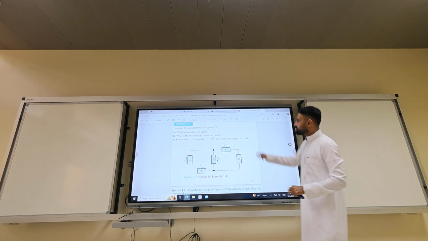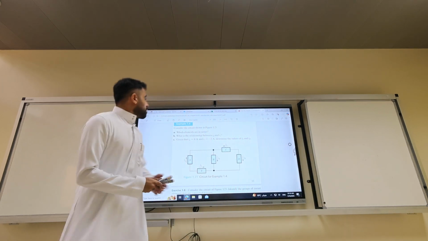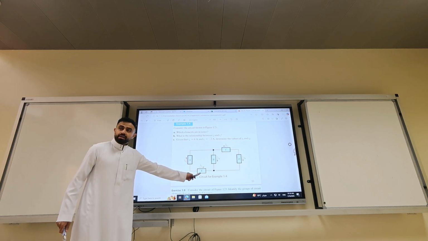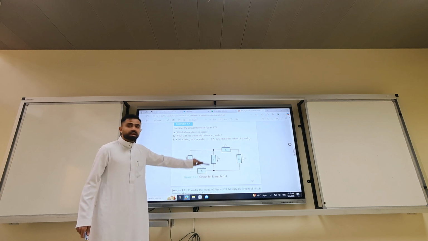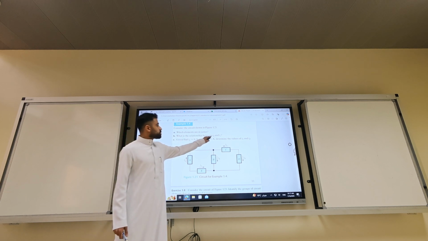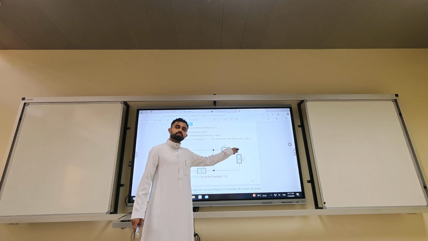Now let's try to solve this textbook problem. Which elements are in series? We have A and E in series. We have C and D in series. B doesn't have any series element. Okay? What is the relationship between ID and IC? Put a node here. In equal out.